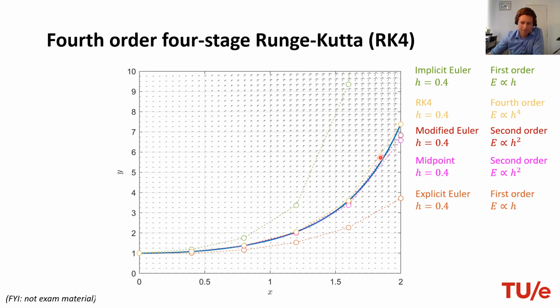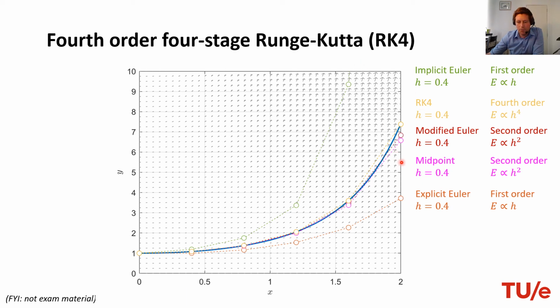They're just there for visualization. What actually matters is where the markers themselves are. And we see that for Runge-Kutta 4, for a spacing of h 0.4, the solution is basically indistinguishable from the exact solution, whereas the first order methods, implicit and explicit Euler, are way off.